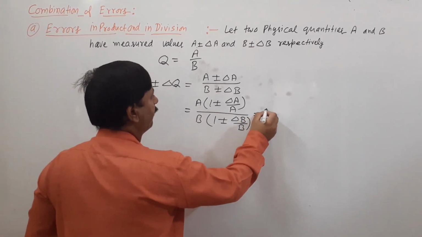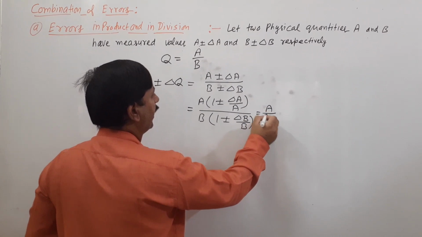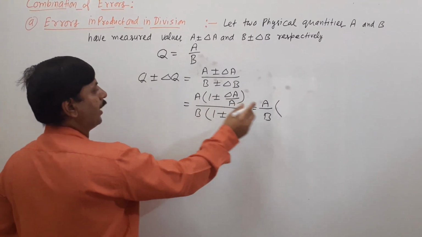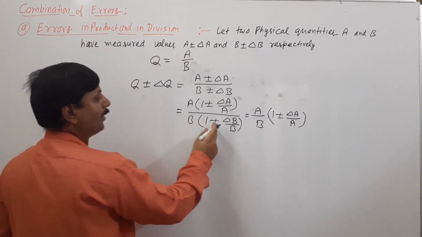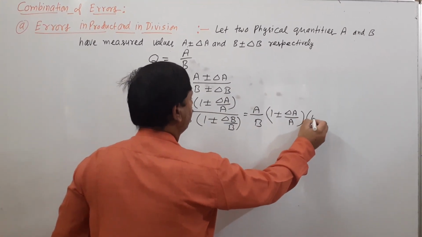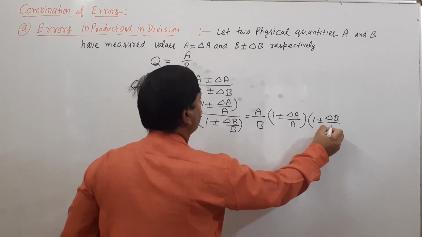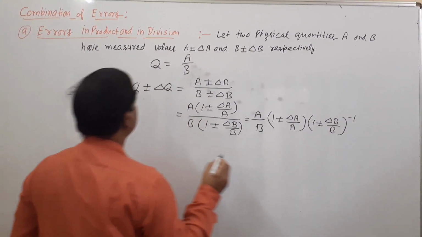If I write in power form, A upon B, 1 plus minus del A upon A, and I have taken this upward, 1 plus minus del B upon B power minus 1.